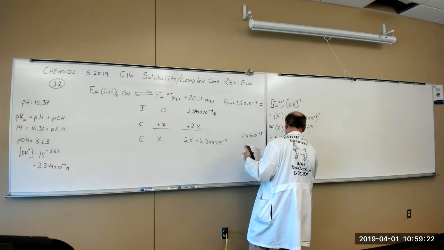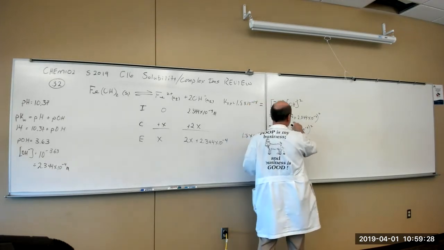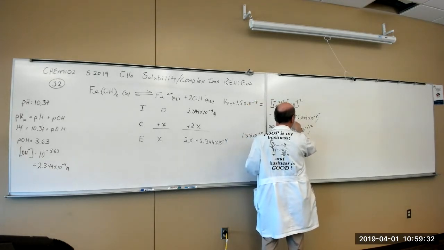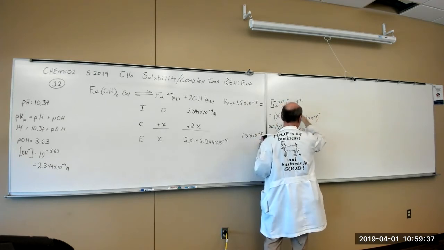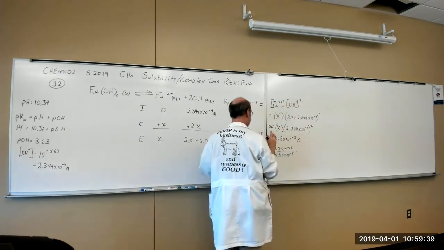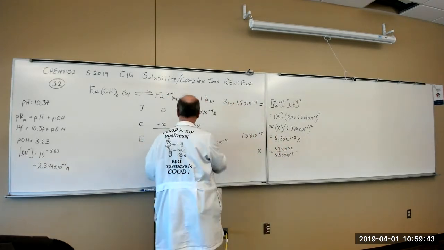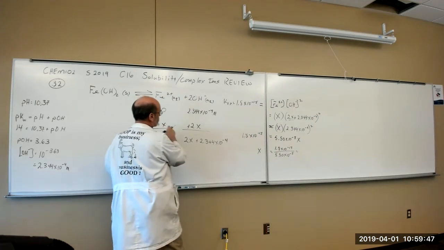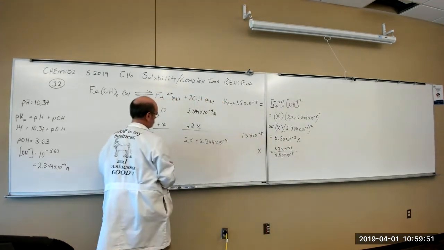So why did you say we can ignore the 2x? Can you explain that again? Is x big enough to actually affect the total here? We look at x, and the x value here is the solubility. So the Ksp is 10 to the minus 15.